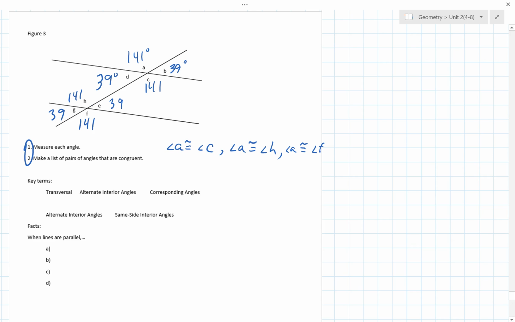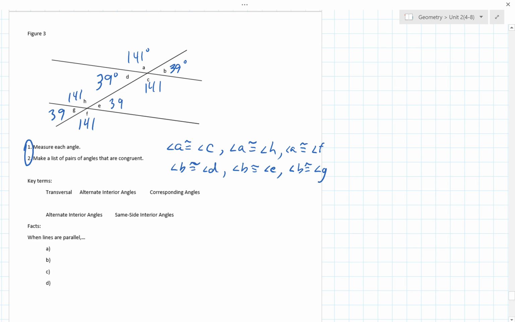And then I can also do the same thing with angle B. Angle B is congruent to angle D. Angle B is congruent to angle E. Angle B is congruent to angle G. Okay, so we have those pairs.